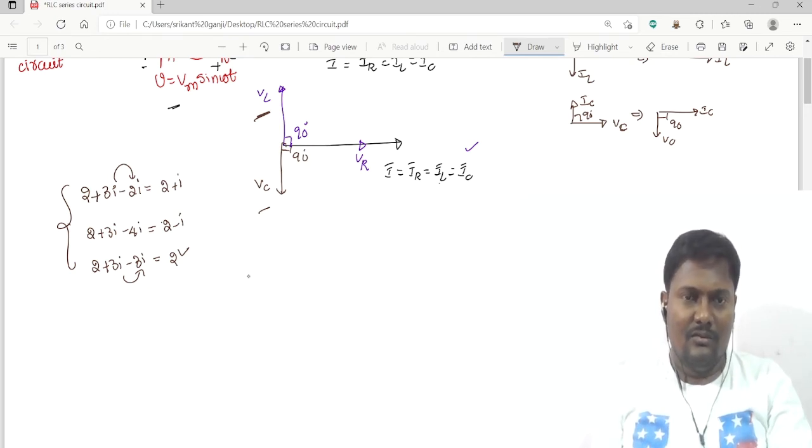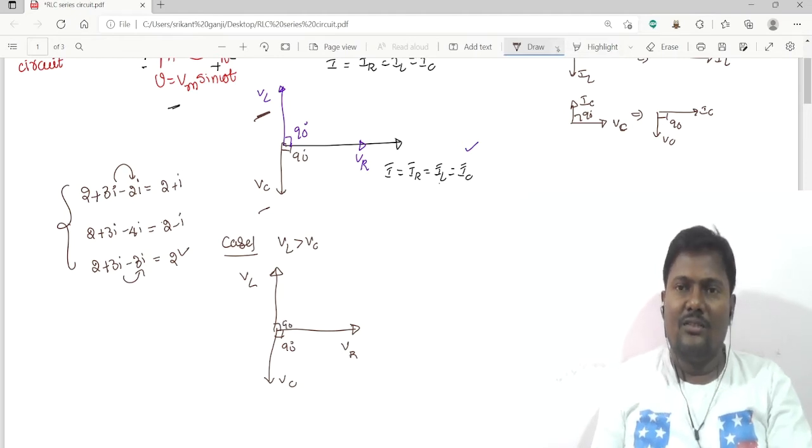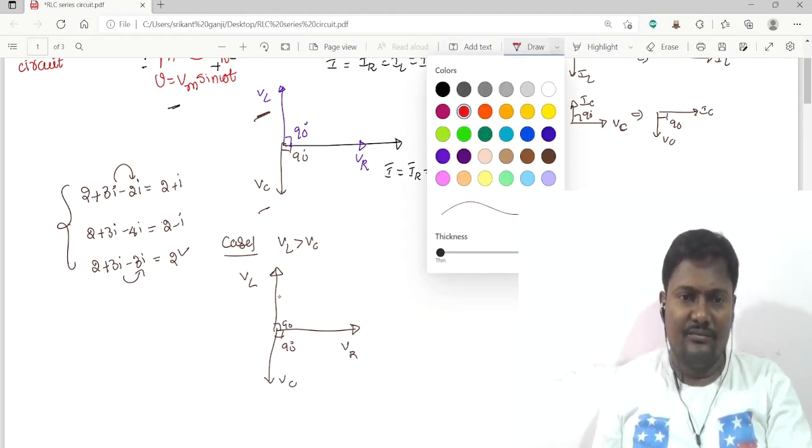Now case 1: if VL is greater than VC, what is the phasor diagram? This is VR bar, VL, and VC. VL minus VC is in the upward direction.